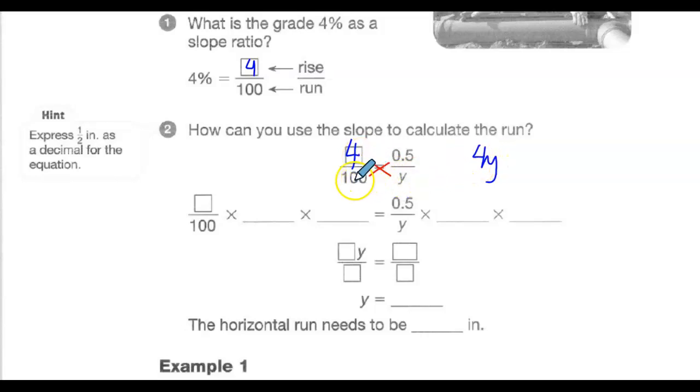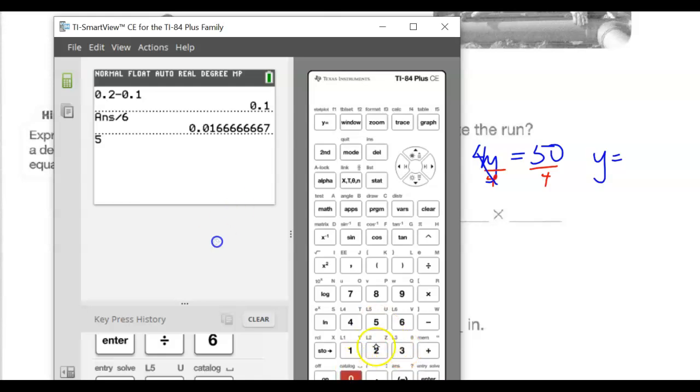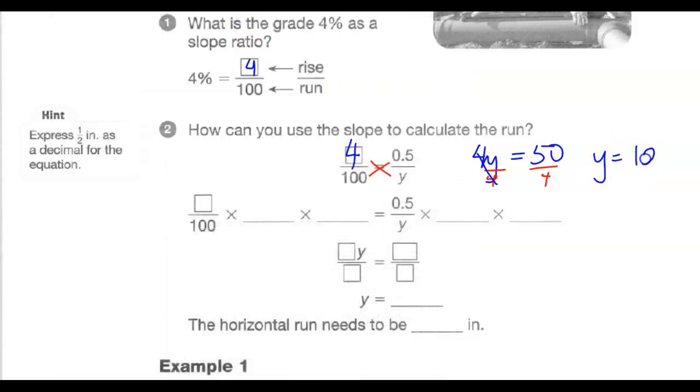So 4y equals 100 times 0.5, well, that's going to be 50. And then I divide by 4. And so the 4's divide out, I get y equals 50 divided by 4, which is 12.5. So the horizontal run needs to be 12.5.